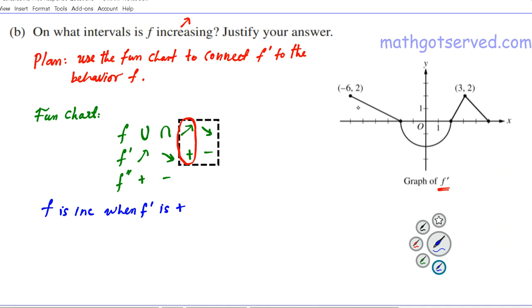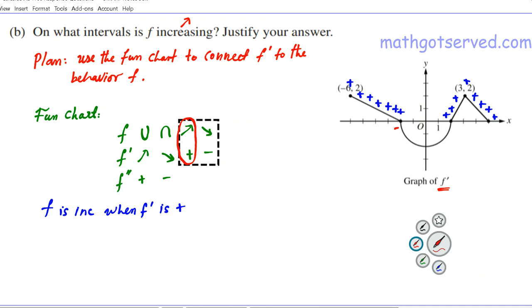Alrighty? Okay, so let's look at the graph. Starting from this point, which is included, we have positive, positive, positive, positive, all the way to 0. And then over here too it is positive. So what's f doing on that interval? On that interval, f is increasing because f prime is positive.